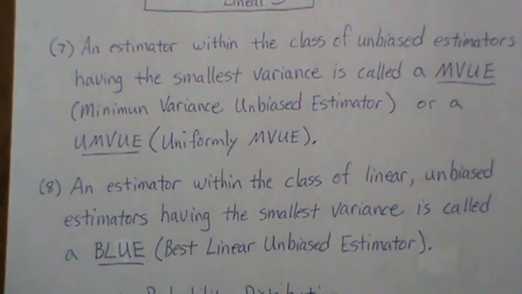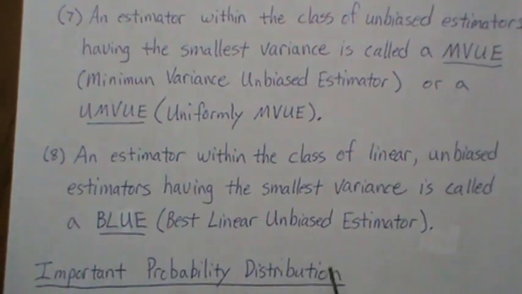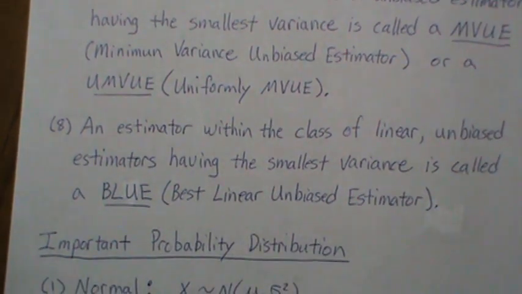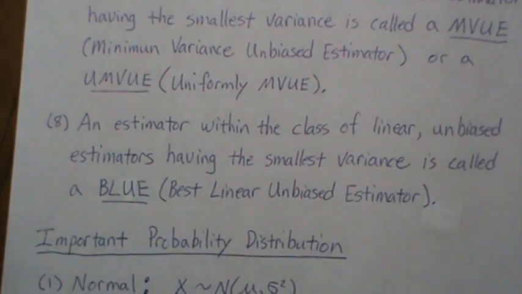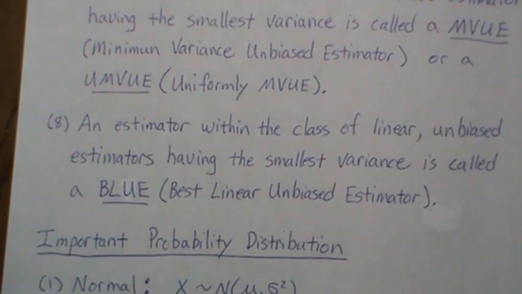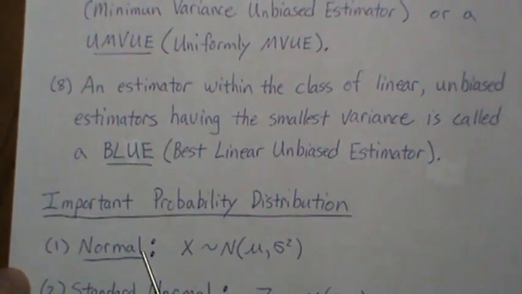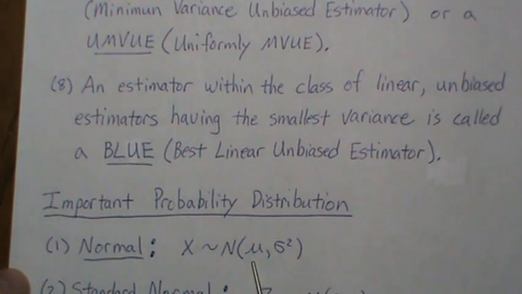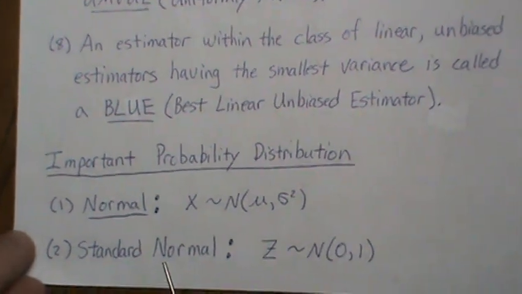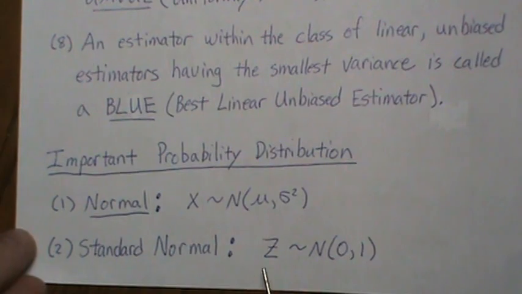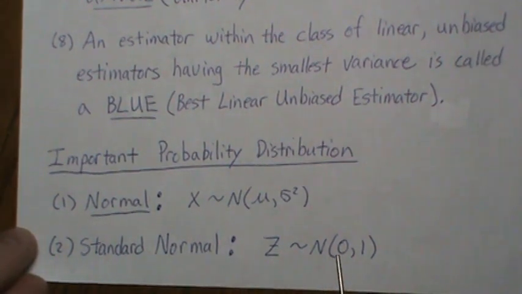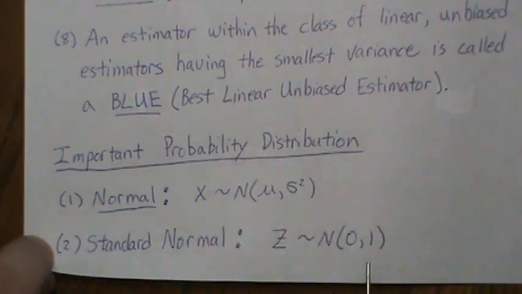Okay, and we're going to close this video out by listing some important probability distributions that we're going to use throughout this mini series. The normal distribution: X is normally distributed with some mean and some variance. The standard normal is a normal random variable that has mean 0 and variance 1.